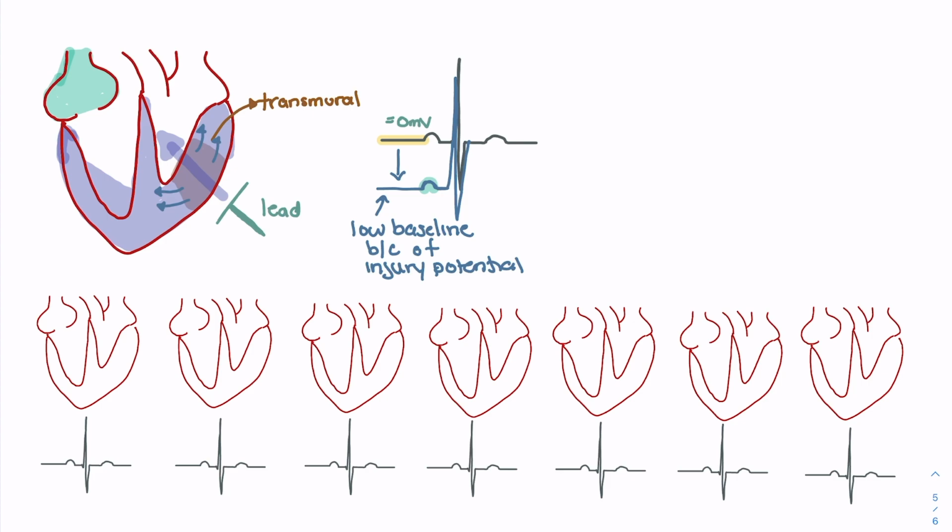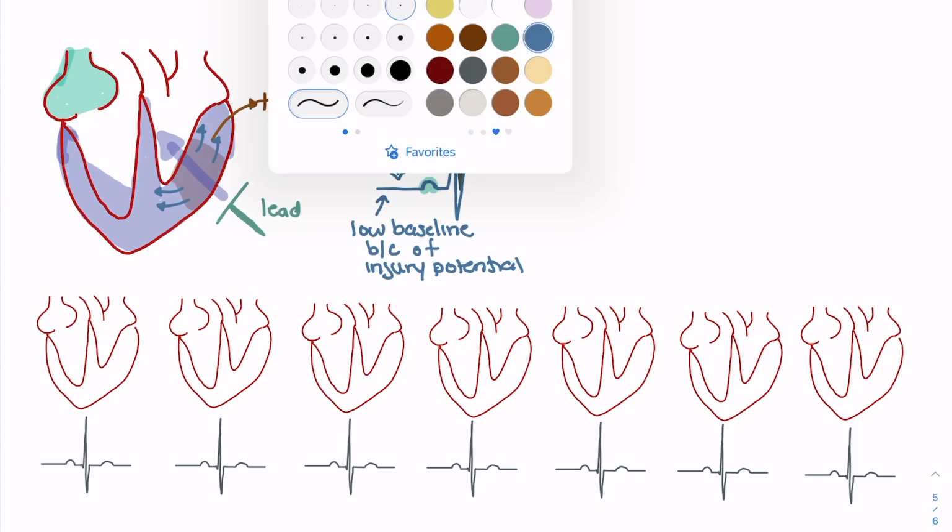The problem is that now we've had depolarization of the ventricle, or we've seen a huge net movement of ions within the ventricle during depolarization. What happens is that counteracts the net negative movement from the injury potential, so we actually go back up to what we would consider the normal baseline.